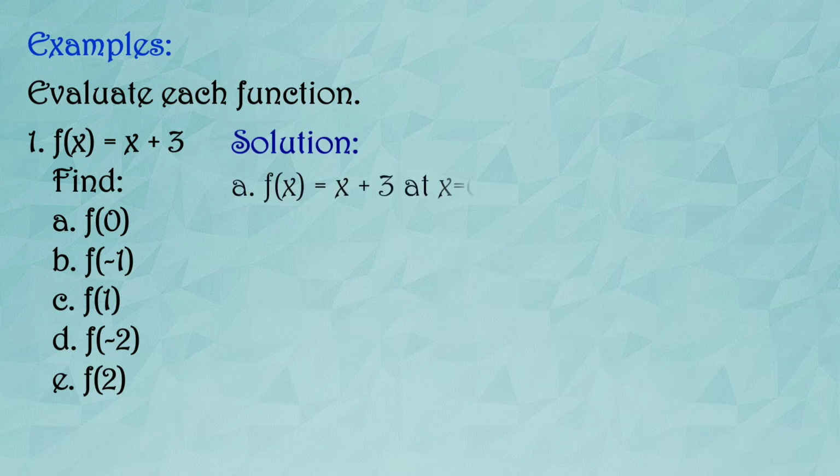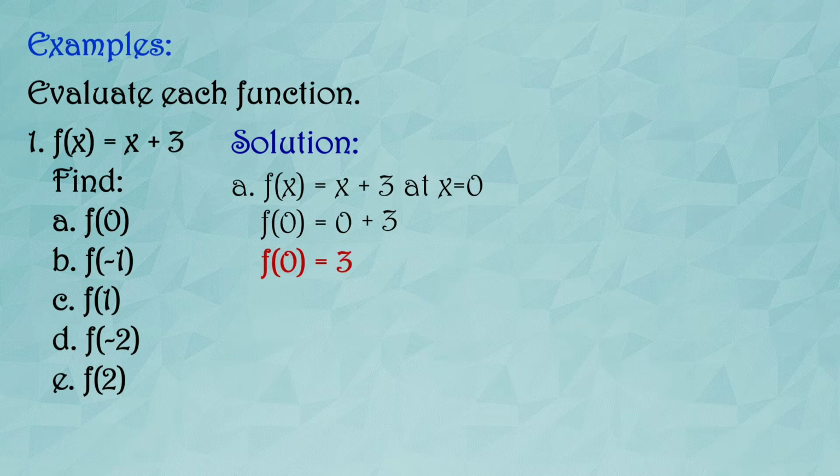Solution. Letter A, f of x equals x plus 3 at x equals 0. What will be the value of f at 0? From x plus 3, we replace our x with 0 and then we just add. So, 0 plus 3 equals 3.